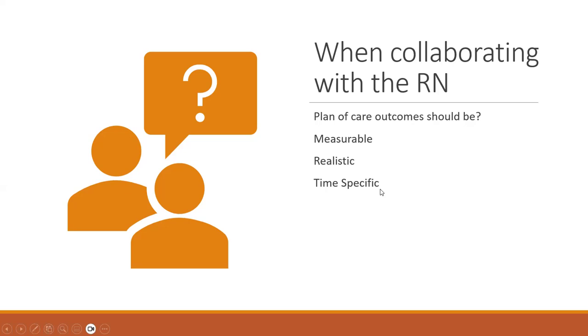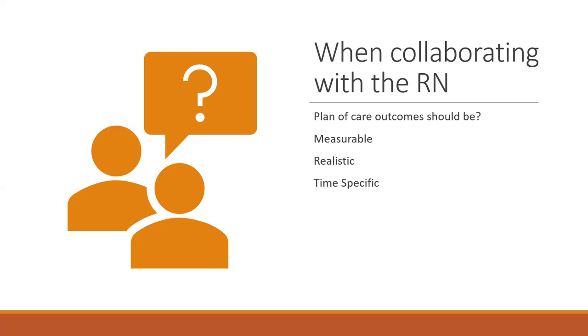So if we're trying to decide which outcome is better for our clients, look and see: is it measurable? Does it make sense? Is it realistic? Is this something that really can happen? For a person that has diabetes, we're looking at their glucose levels. What's more specific?